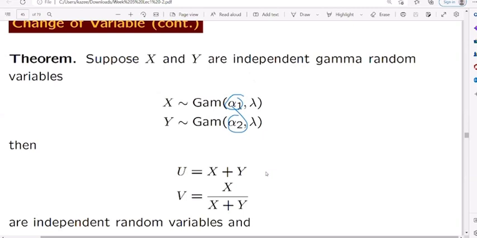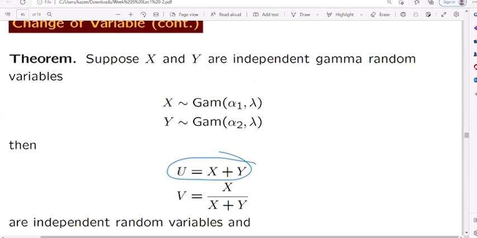Now we want to define a new set of variables. For instance, what is the distribution of U, where U is going to be the addition of the two?